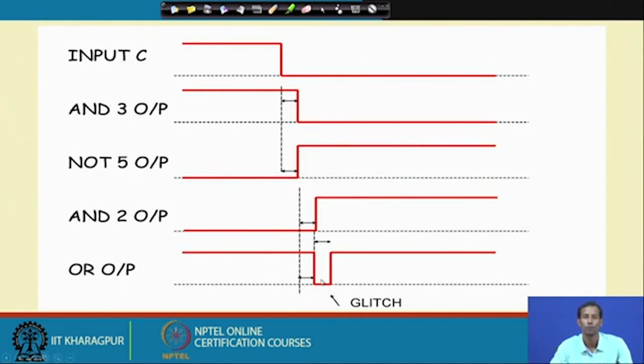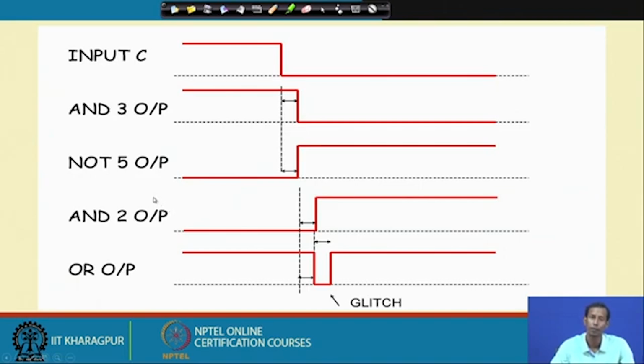So, this is basically the glitch, okay, and this is static 1 hazard. Why? Because though the output should remain 1, it momentarily changes to 0. So, that is why this is static 1 hazard, which is happening in the case of sum of product.